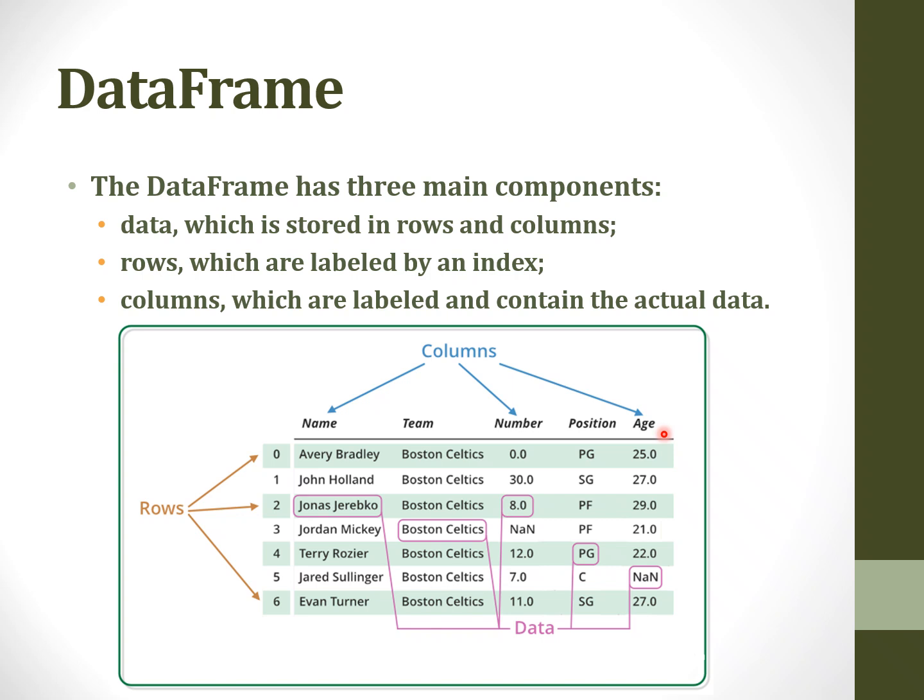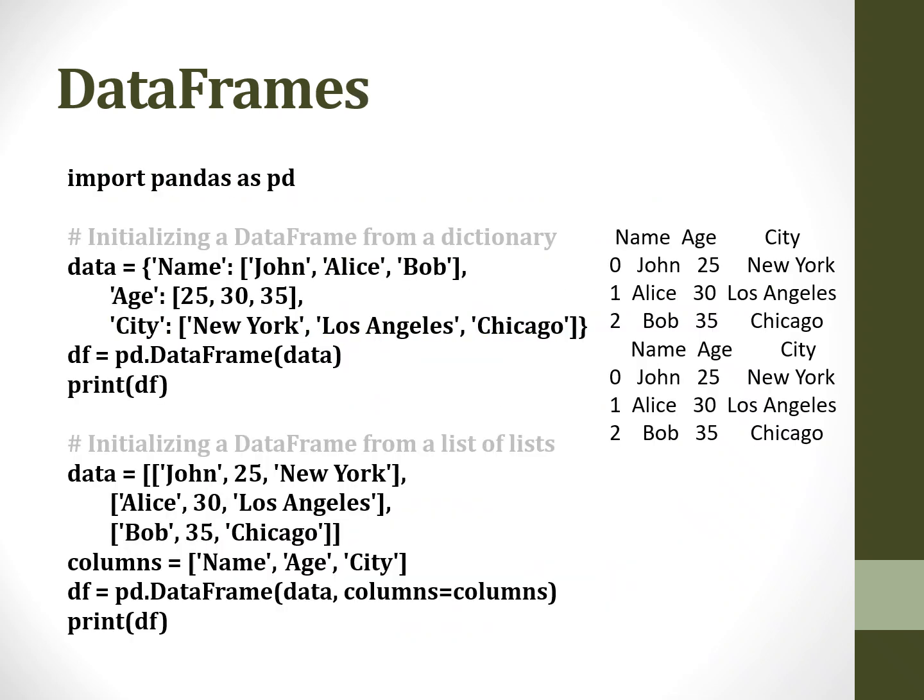All of these are considered as column names or column index. Similarly, we have row index or row names like 0, 1, 2, 3, 4, 5, 6. All of these components together, the rows, the columns and the data, form a data frame.